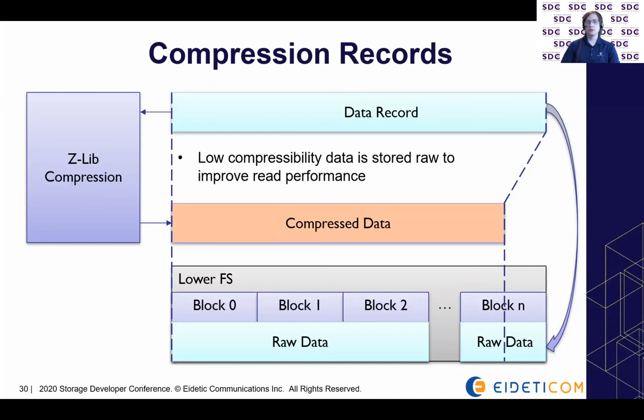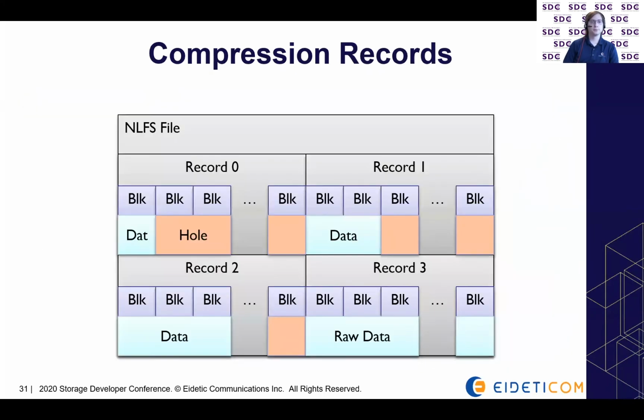NoLoadFS could be tuned as far as saying 50% compressible data isn't interesting, anything higher than that is. Of course, with as much flexibility or granularity as you like there.